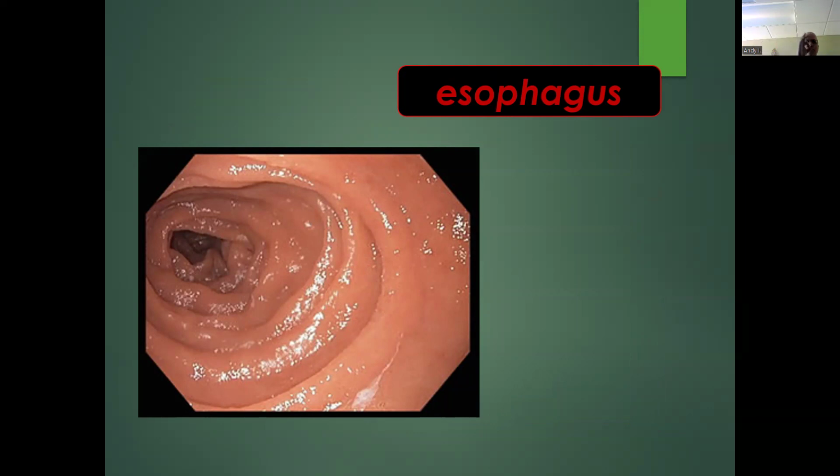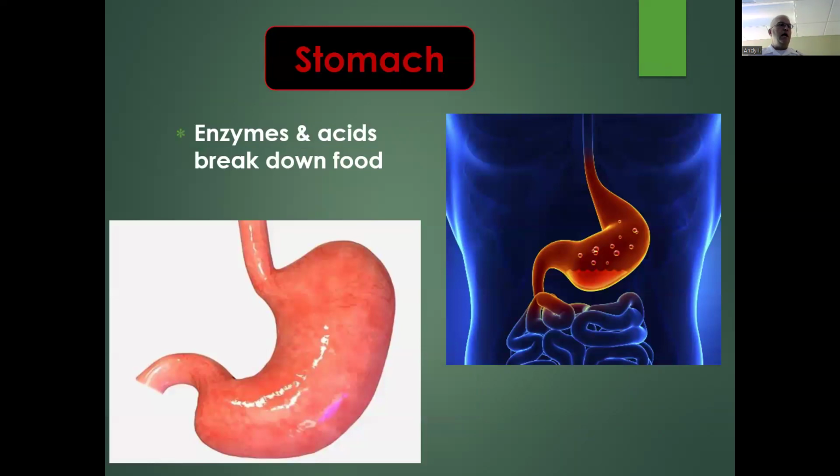The trachea had those little rings made of cartilage. Well, the esophagus looks like it has rings too, but these are made of muscle. And when we swallow a bolus of food down, the muscles in the esophagus push the food all the way down to the stomach. In the stomach, the enzymes and the acids break down the food.